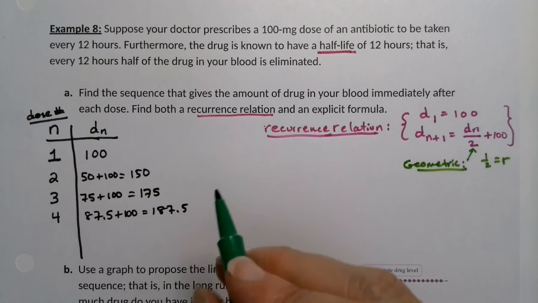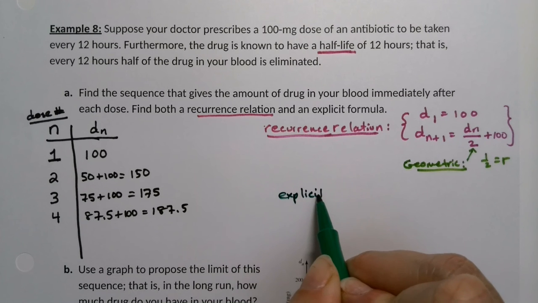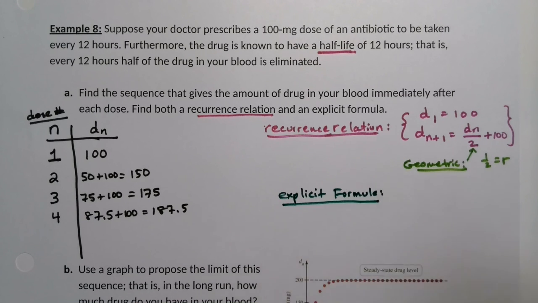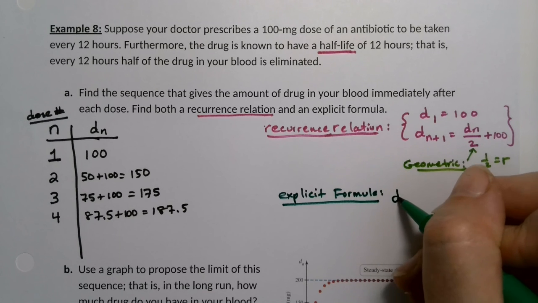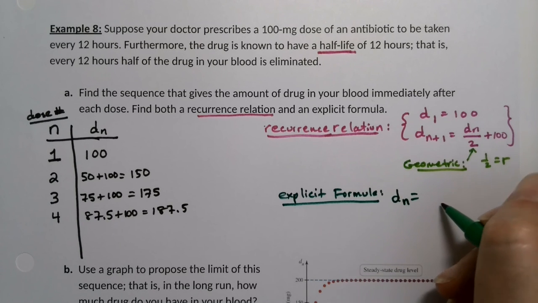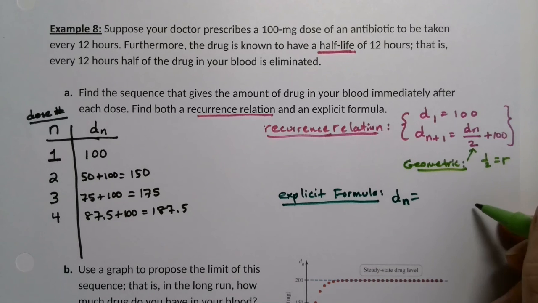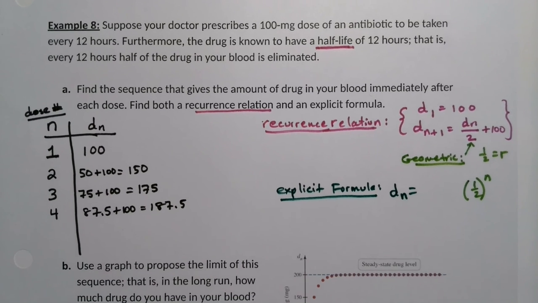So the explicit formula, which is a little bit complicated, but bear with me here, will definitely have a half in it. So it's going to be d sub n is equal to something involving a half to the n power. It has to be. That's how geometric sequences work.